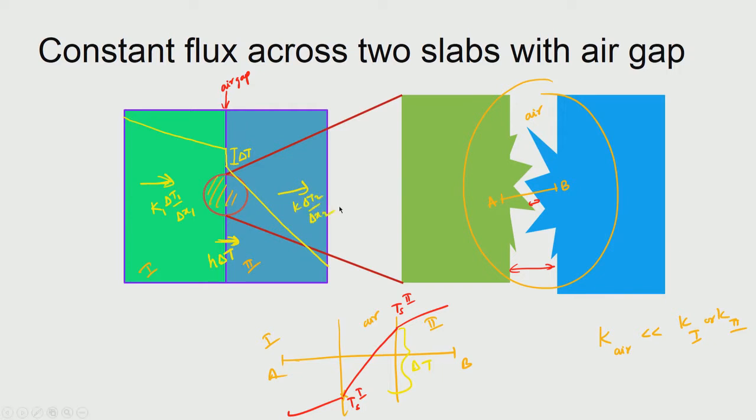So, we can see that the interfacial resistance can also be taken into account. Only thing is that instead of directly matching these two quantities, it goes via this quantity, so that the thermal resistance also comes into the picture. So, for most of the situations in metallurgy, we have to ask: is there a thermal resistance or not?